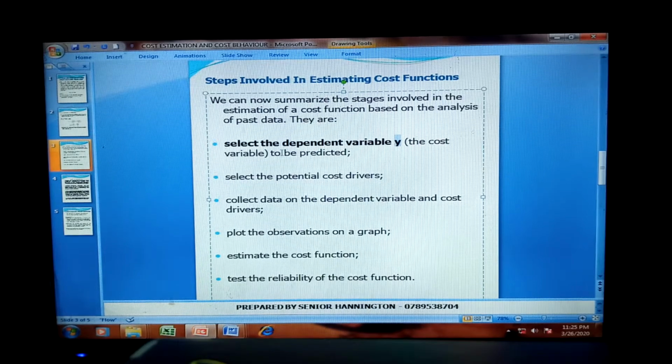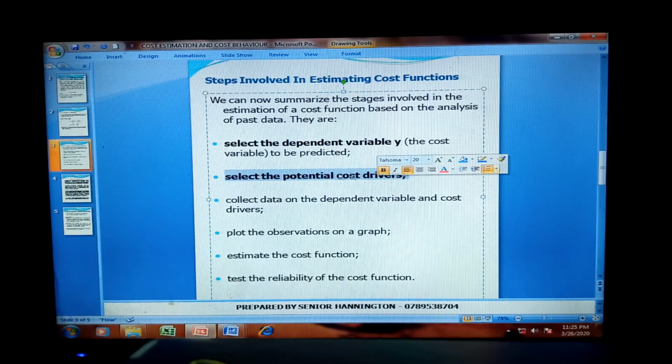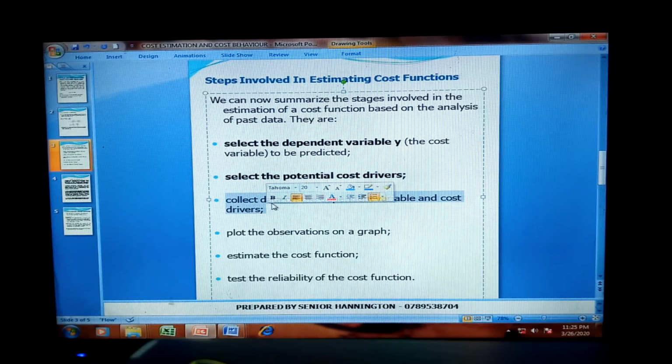Then after selecting your dependent variable, the next step is always to select the potential cost drivers. Of course, these potential cost drivers are your independent variables. Then collect data on this dependent variable and the cost drivers.